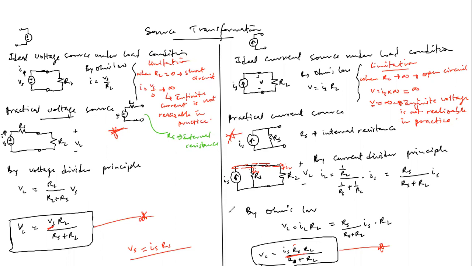So, if the source voltage Vs is related by Ohm's law with the current Is, then both models could be considered to be comparable, meaning they are equivalent. So this is what it means: the practical voltage source is therefore equivalent to the practical current source.